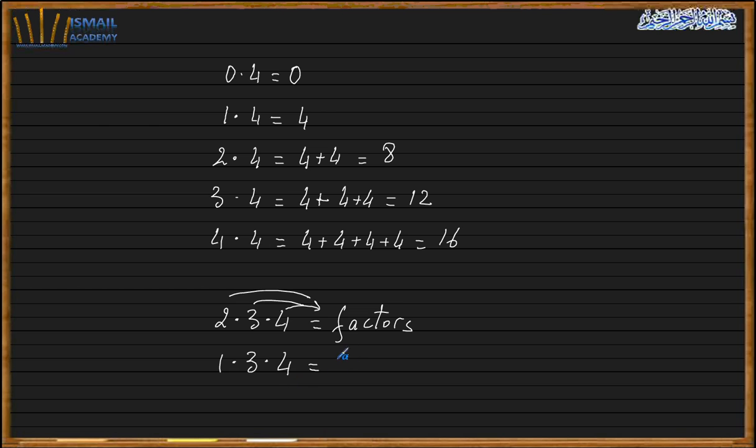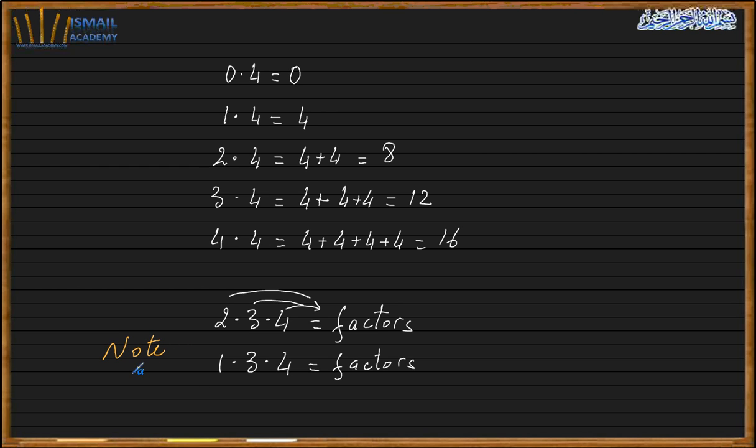Because of that 1, for two numbers you can call them factors from now on if you want, or you can call them multiplier and multiplicand. It means the same thing. So that's the first note I want you to know.